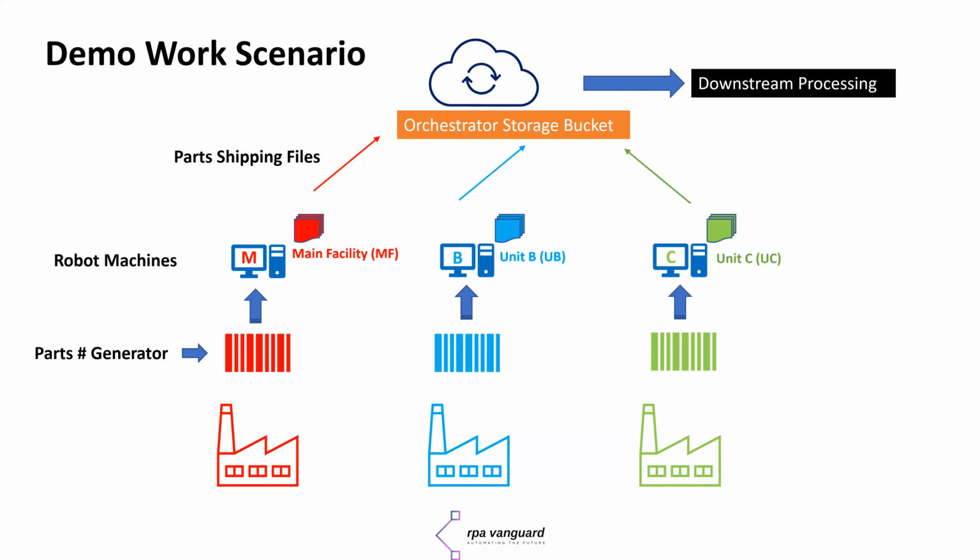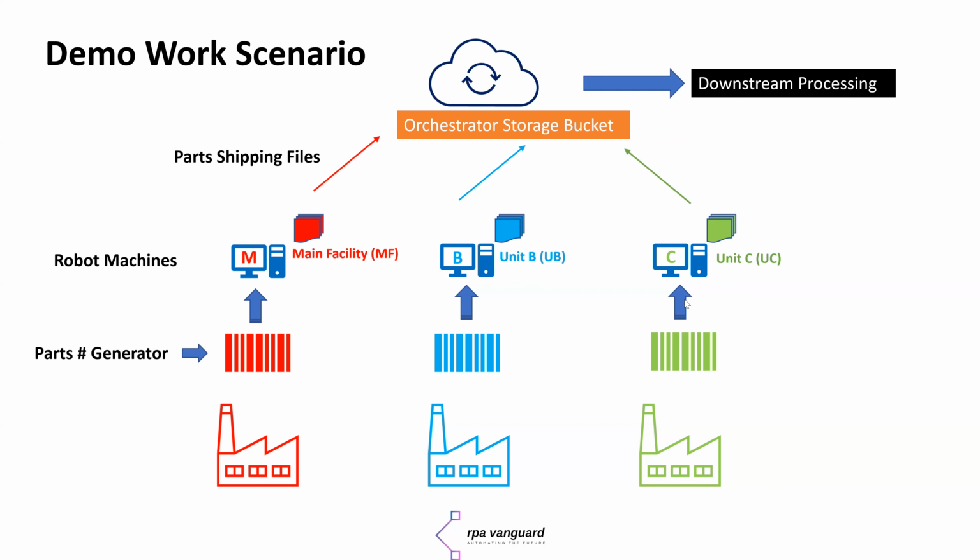So here we have three manufacturing facilities. There is the main facility here in red, and I have assigned it the name main facility with the acronym MF. And then there would be secondary facilities that would manufacture parts to be supplied to the main facility.